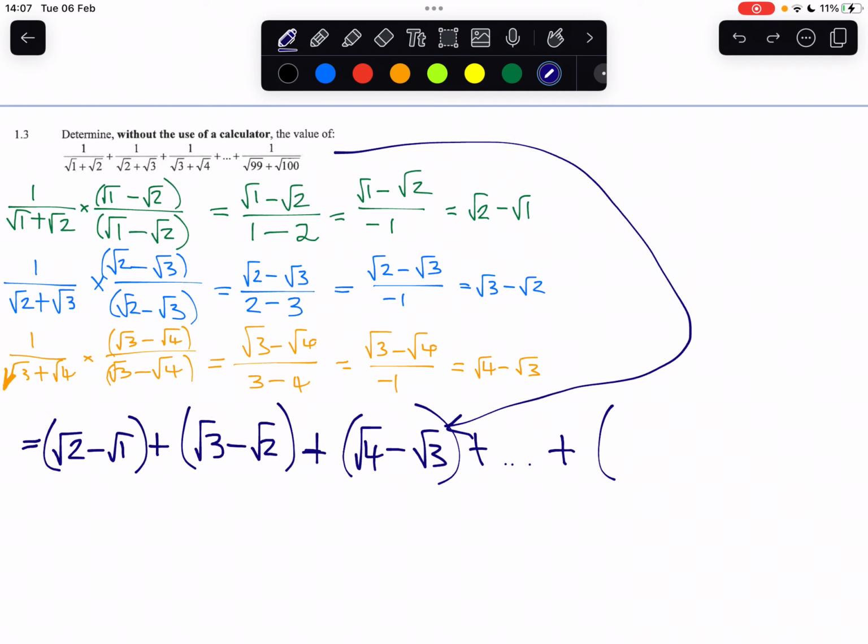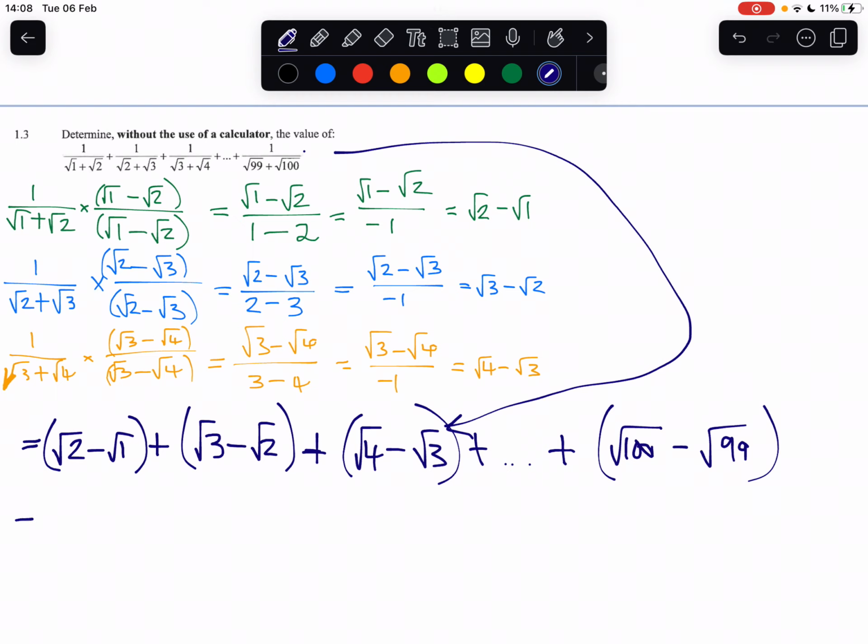And we know that each term is 1, 2, 2, 3, 3, 4. So if there's 99 terms, then we will have root 99 over here, and then root 100 over there. Also easy enough to figure out if you rationalize this denominator.